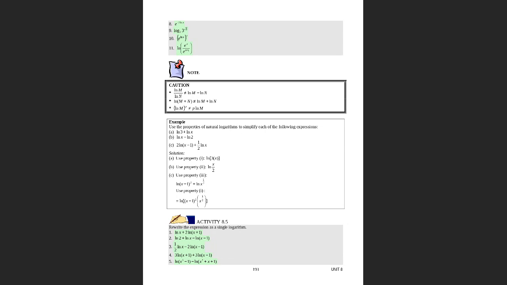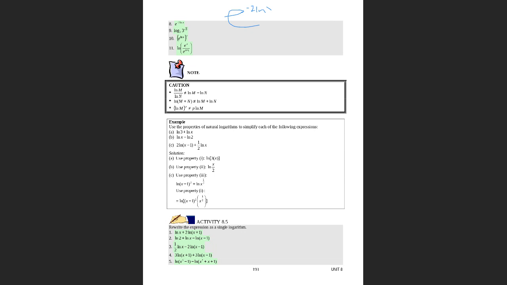Okay, number 8. Let me see, it's e exponent negative 2 ln x.